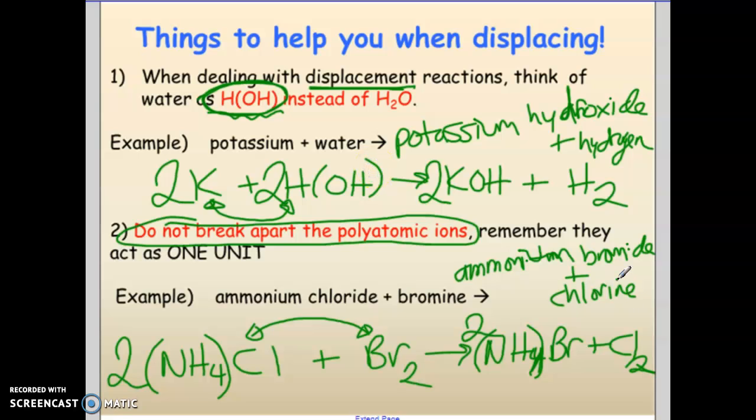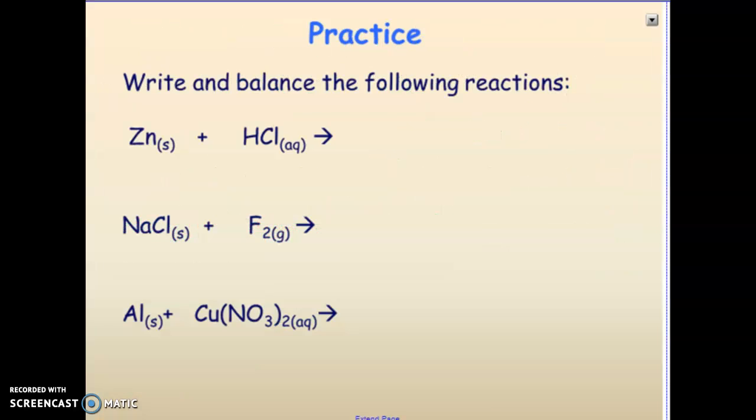So these are all things you've already learned. Really, the only thing that's new here is the actual swapping out of the elements. You already know how to balance, and you already know how to do the crisscross rules and writing out the chemical equations.